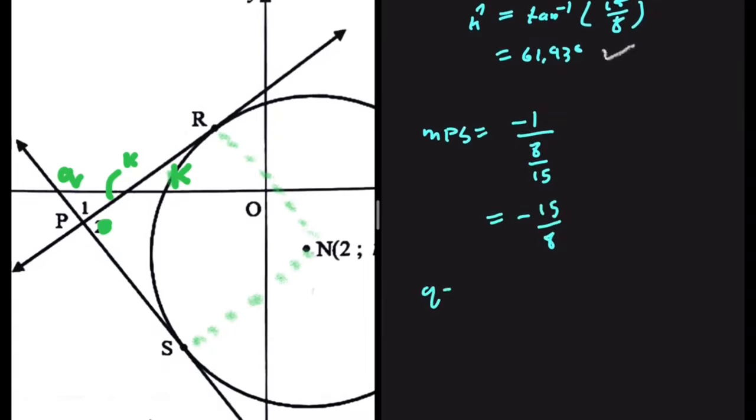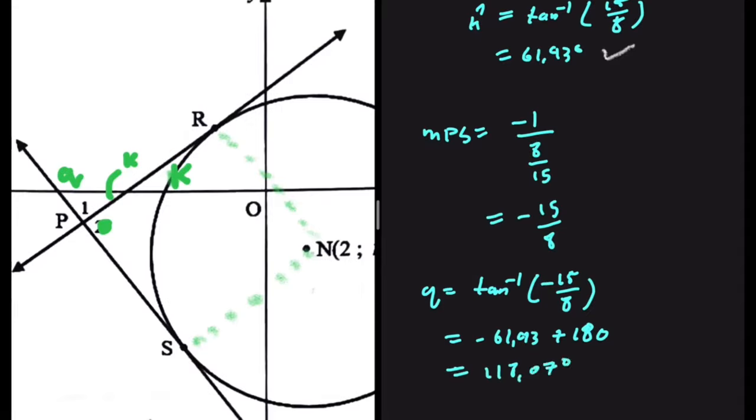So angle Q will be equal to tan inverse of minus 15 divided by 8. This is minus 61.93. If we have a negative, we can just simply add 180 to find the angle of inclination. We're going to get 118.07 degrees. So now we have Q.